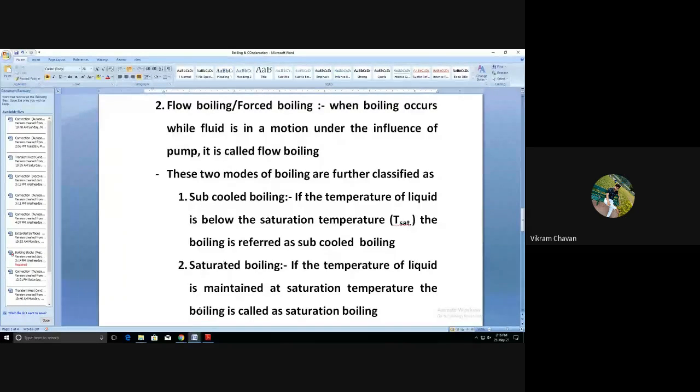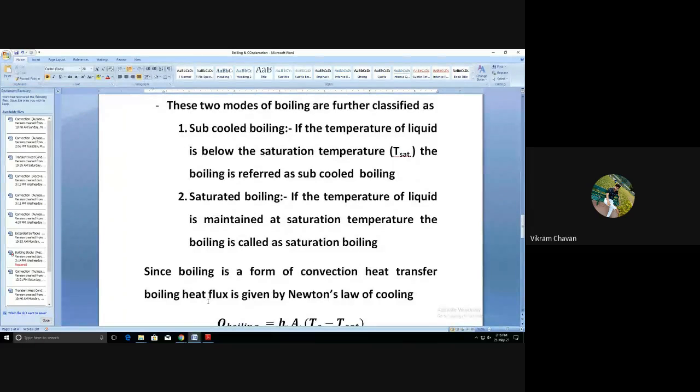Now further, since this boiling phenomenon is associated with the fluid, when heat is transferred from the surface to the fluid because of the motion of the fluid, that heat transfer is nothing but convection heat transfer. So boiling heat flux, which means heat transfer rate per unit area, is given by Newton's law of cooling.